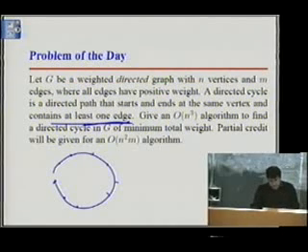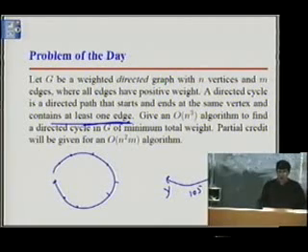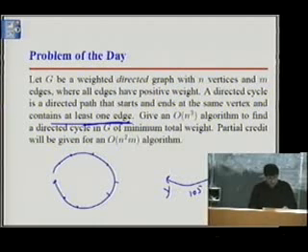Suppose I have a particular edge I like that goes from x to y. It happens to have weight 105. What is the shortest cycle that contains that edge from x to y?